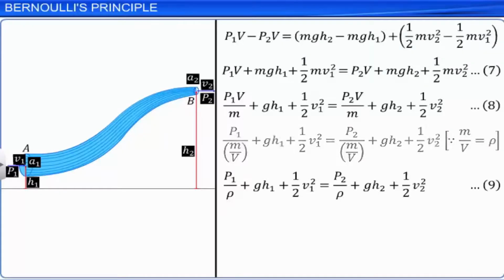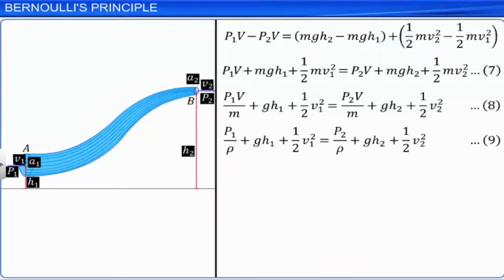Thus, we can say P by ρ plus gH plus half V square is constant across all points in a streamlined flow.